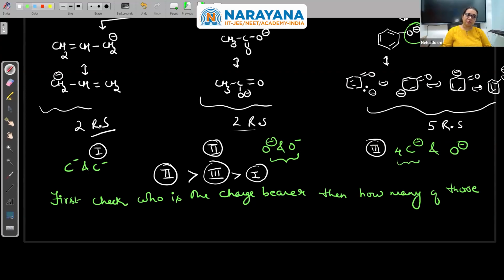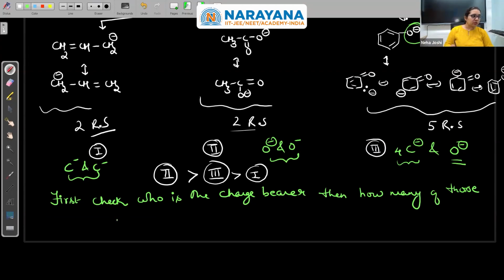So carbons still are there, but 1 oxygen will support and delocalize the charge better than the 2 carbons. Okay, so this is more stable.